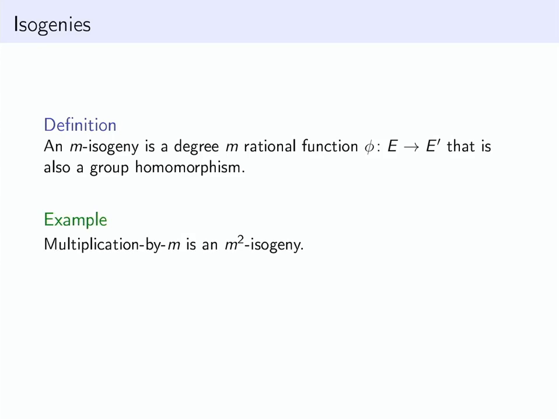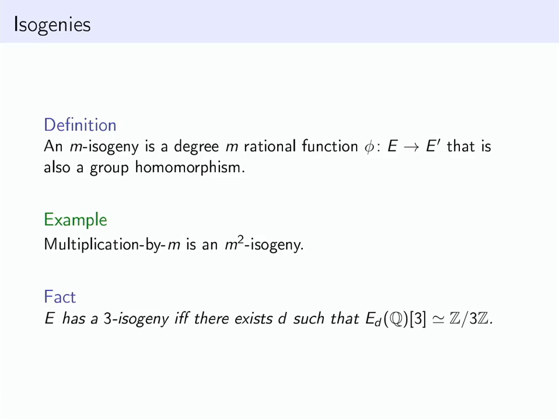And it's an isogeny of degree m squared. And this is the fact that I just brought up in response to Chantal's question. You have a nice characterization of what it means to have a 3 isogeny. You have a 3 isogeny if and only if some quadratic twist has a 3 torsion point.